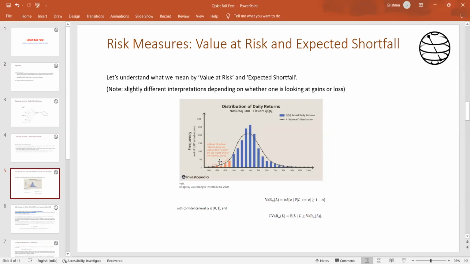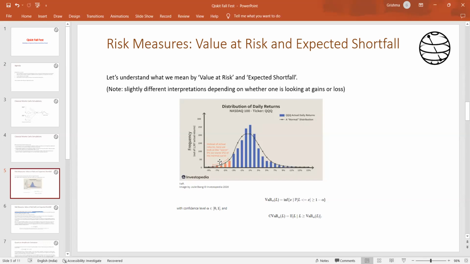And you would look at the right hand side, where your loss again is rare, but it could be a significant loss. So the bank would need a sufficient amount of capital so that it can cover up those losses. So that's the whole idea of value at risk.